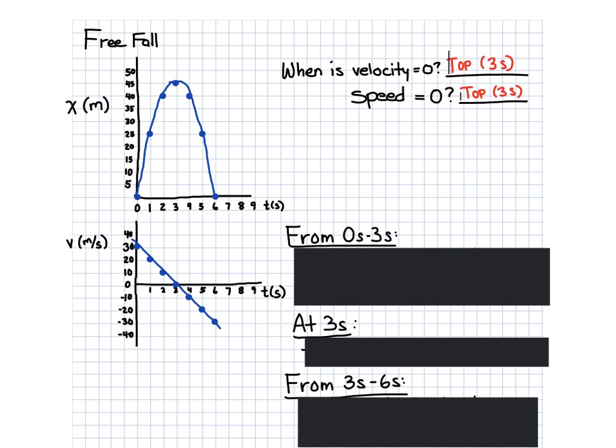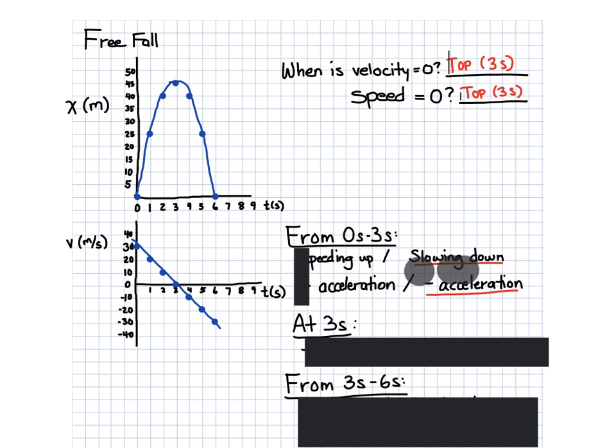Okay, from 0 to 3 seconds, that's actually the first half of the flight. So I started with this positive velocity and the velocity goes to 0. It looks like the ball is slowing down on the way up.